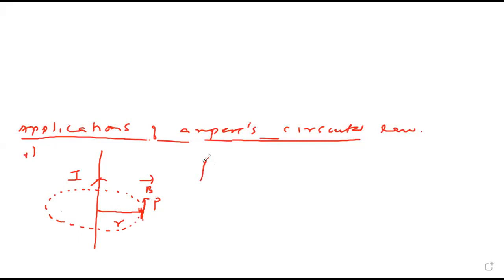By Ampere's circuital law, the integral of B bar dot dl bar, where dl bar is always in the direction you are moving, is equal to mu naught times the current enclosed.